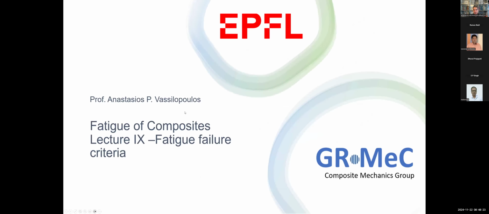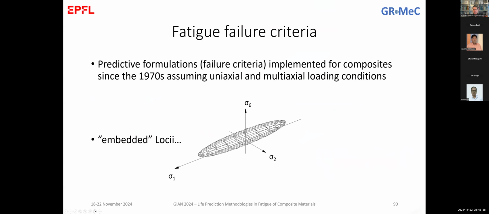Until now, I discussed the implementation of failure criteria in design, but we didn't say what kind of failure criteria we have for fatigue. If I go there, you see that, again, when we talk about fatigue, we have the same failure criteria. In fatigue of composites, we have failure criteria that are related to this failure tensor polynomial, but there we have to discuss and implement the number of cycles.